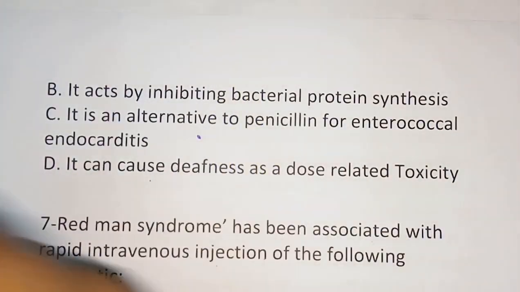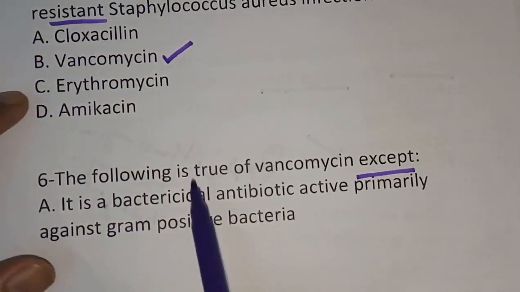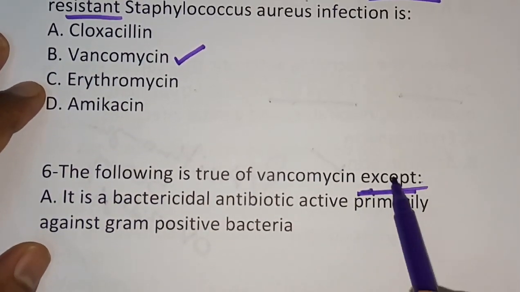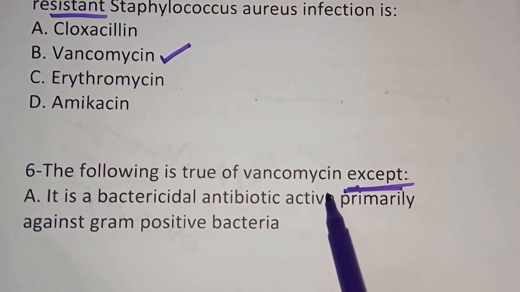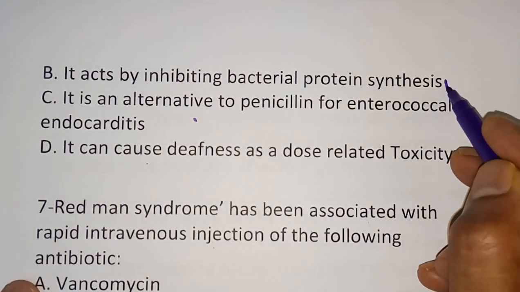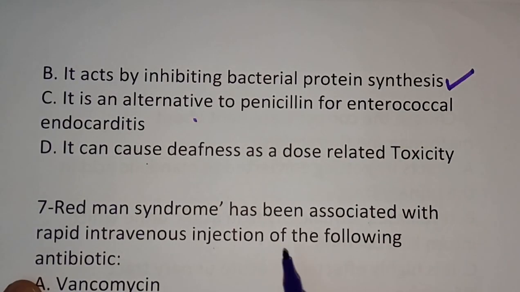So the false statement about vancomycin is option B, it acts by inhibiting bacterial protein synthesis. Actually the action is through cell wall synthesis inhibition.